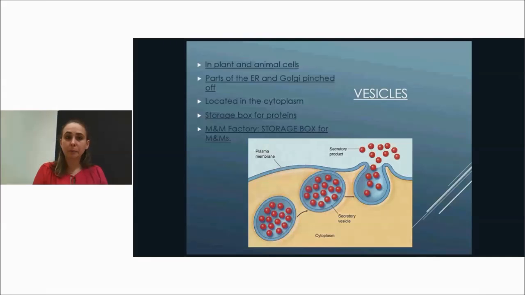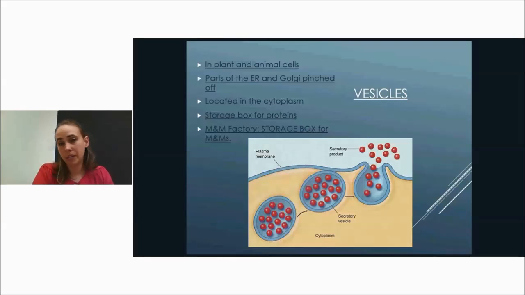Vesicles within the cell are parts of the endoplasmic reticulum and the Golgi body that have pinched off, and they are taking proteins to different areas of the cell. So they are just like a little storage box for the proteins. So in your organelle sheet, you're going to put down that for the M&M factory, vesicles are going to be the storage box.